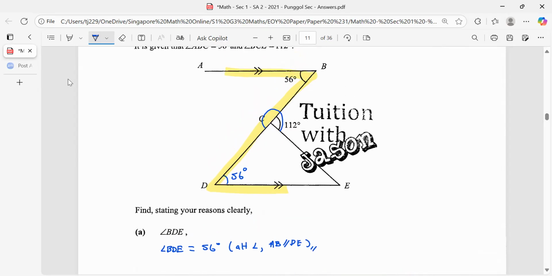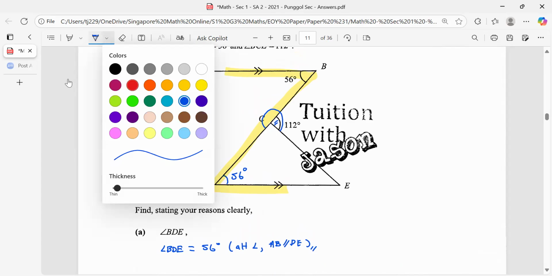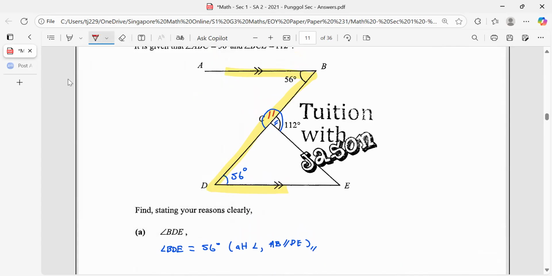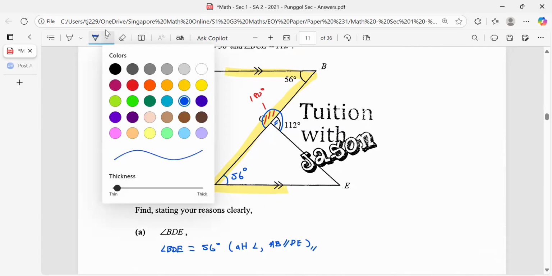Now you realize that if we have 112 as part of it, we would just need to find a portion of the other side of the reflex angle, add it up to get to the answer. And you realize that this is a straight line. So straight line means that it is 180 degrees. So reflex angle DCE will be 180 degrees plus 112 degrees.